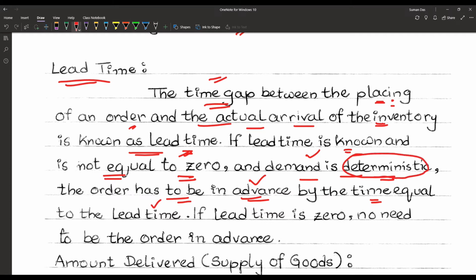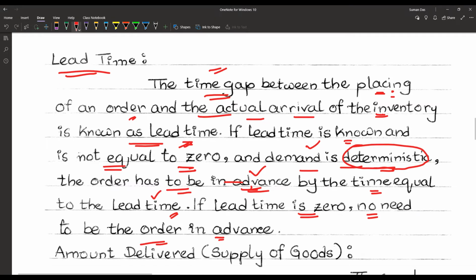So we give the order in advance by the time equal to the lead time. If lead time is 0, that means there is no time gap between placing the order and receiving it, so there is no need to order in advance.